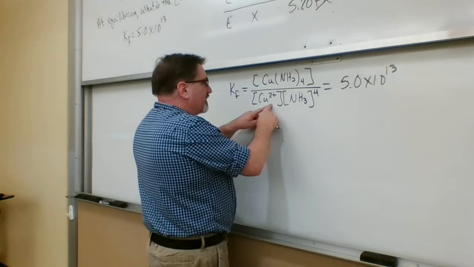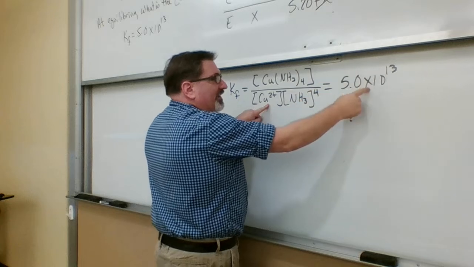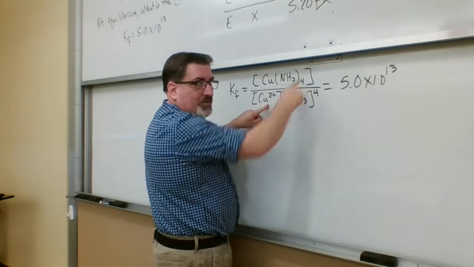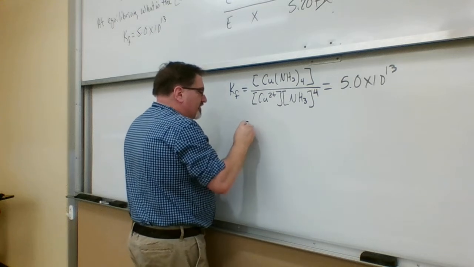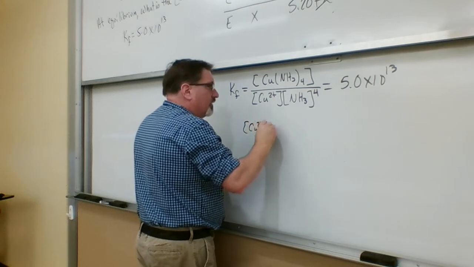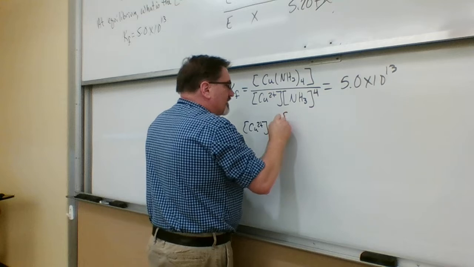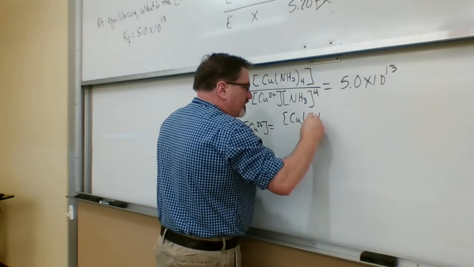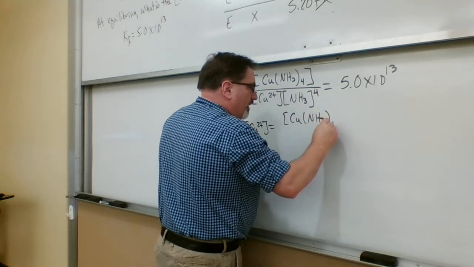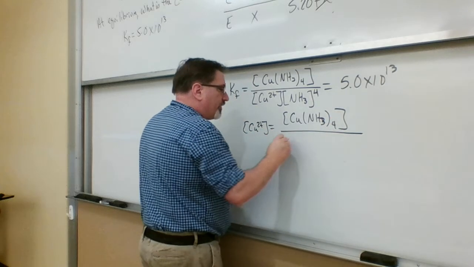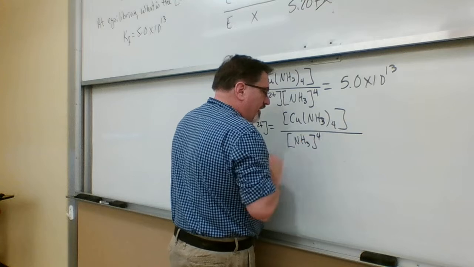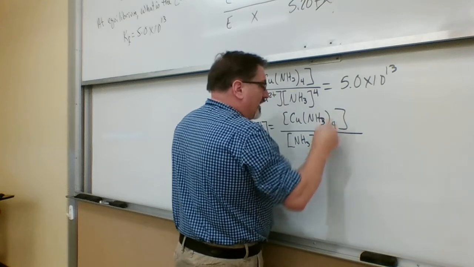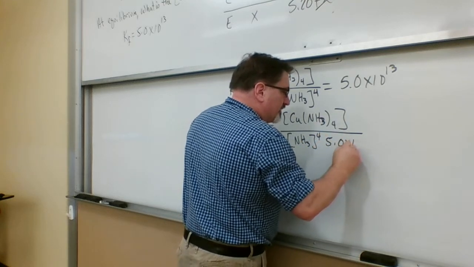This time I'm going to solve for Cu2+ out of the equation before I plug in the numbers. So Cu2+ is going to move into the numerator, and the K value is going to move into the denominator. So the concentration of Cu2+ equals the concentration of Cu(NH3)4 2+ over the concentration of NH3 to the fourth power times Kf, which was 5.0 times 10 to the 13th.